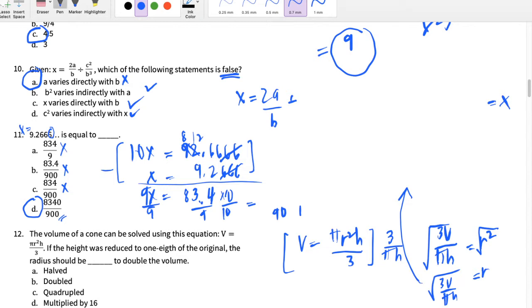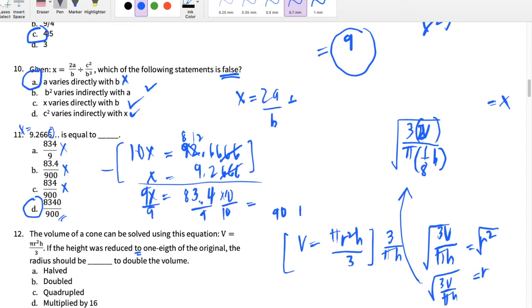Double the volume. So, ibig sabihin, 3 times 2v, 3 times 2v over pi times 1/8. Reduced to 1/8. Guys, ibig sabihin nun, magiging 1/8 h, ha? Hindi siya h minus 1/8 of h. Okay? Kasi reduced to, hindi reduced by. Okay? So, ang matitira sa'yo would be 1/8 h.